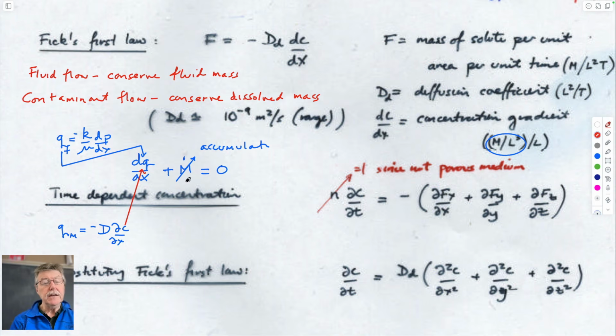This, as you remember, says mass rate of liquid in versus out equals accumulation of mass of liquid. For Fick's law, we can use the same conservation equation, but it represents mass of dissolved mass into the system versus dissolved mass rate out has to equal the accumulation of that dissolved mass in the control volume.